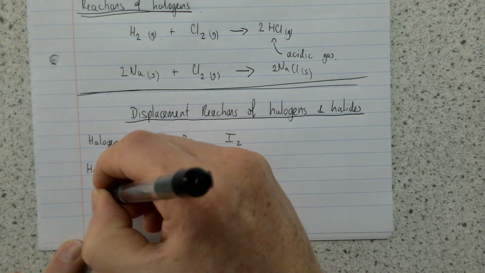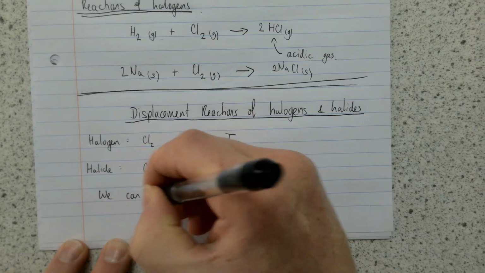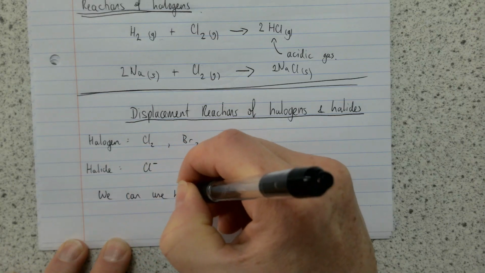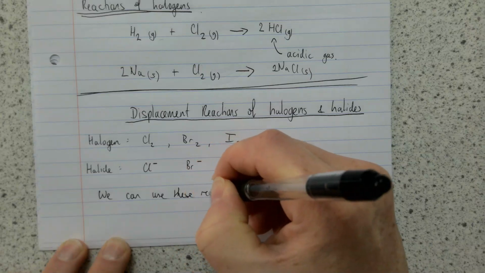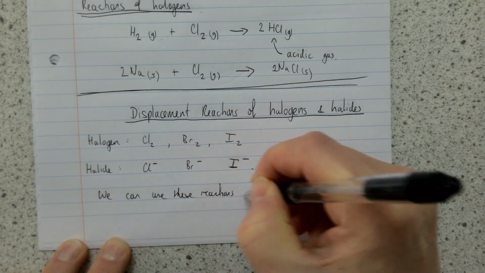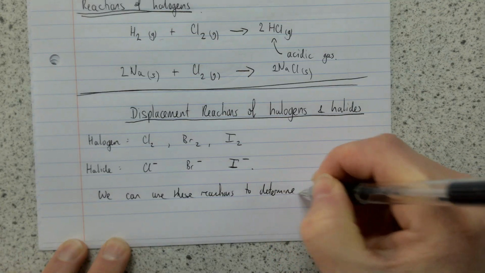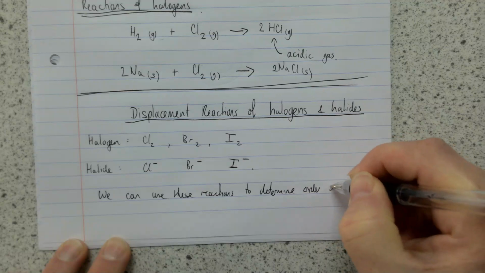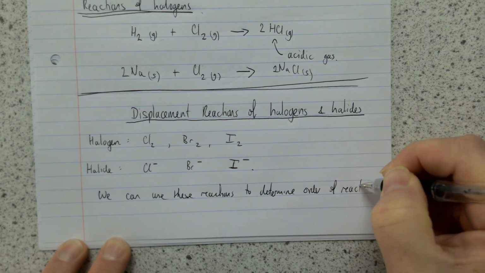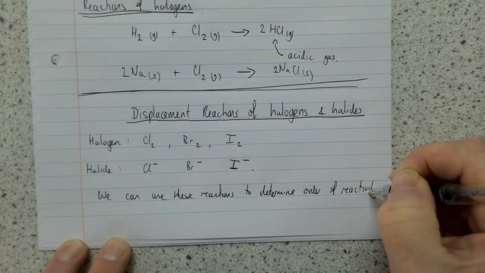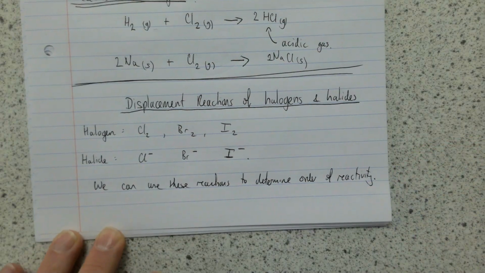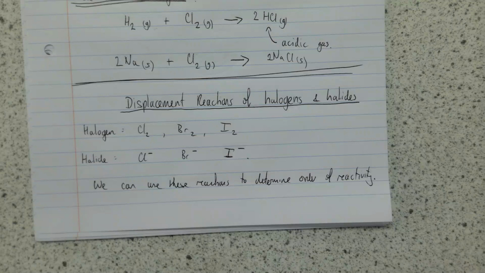So we can use these reactions to determine something called the order of reactivity.